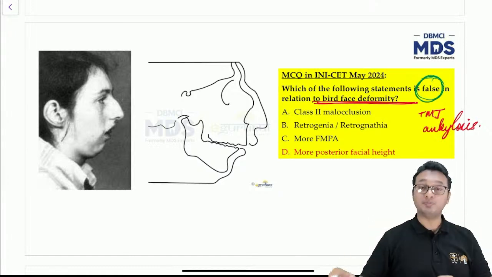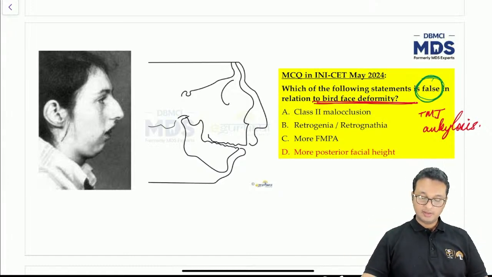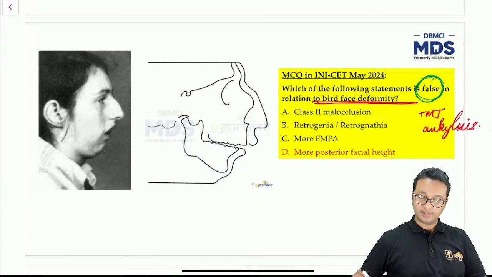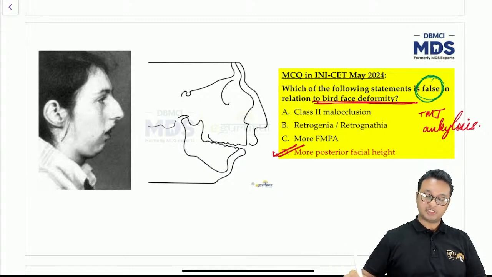That's why it's called a bird face deformity. So options are class 2 malocclusion, retrognathia, more FMPA, that means high FMPA, or more posterior facial height. So the false statement out of them is more posterior facial height.